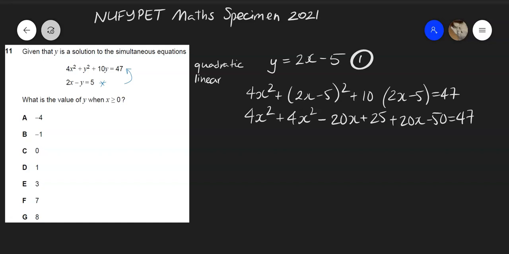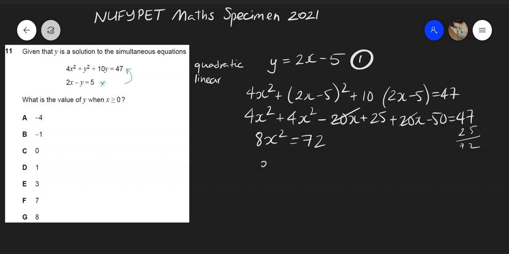I can already see that something is going to nicely cancel out. That's minus 20x and 20x. And the equation therefore becomes 8x squared equals, so 25 minus 50 is minus 25, and if we take it to the right hand side with a positive sign, that gives us 72, right? Let's double check. Yeah, that's 72.